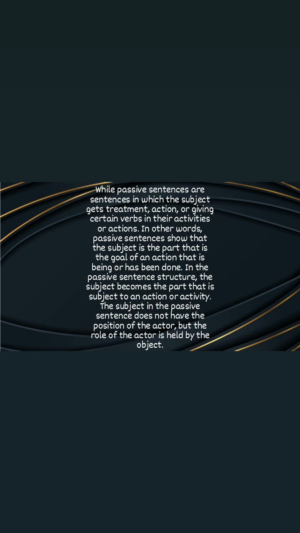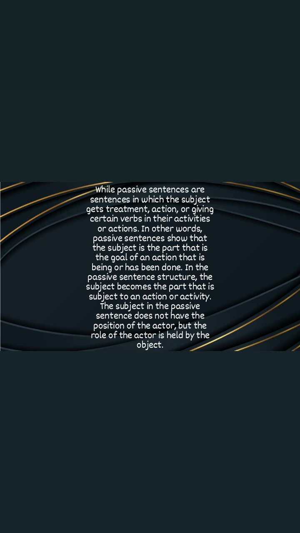Real passive sentences are sentences in which the subject receives treatment, action, or certain verbs in their activities or actions. In other words, passive sentences show that the subject is the goal of an action that is being or has been done.